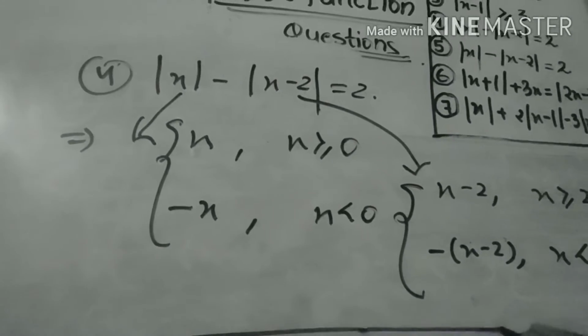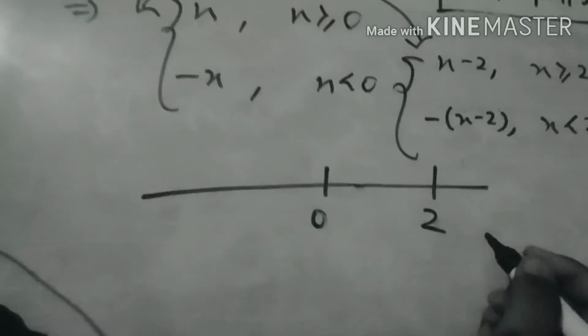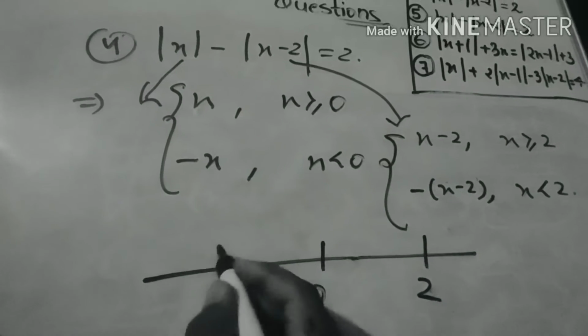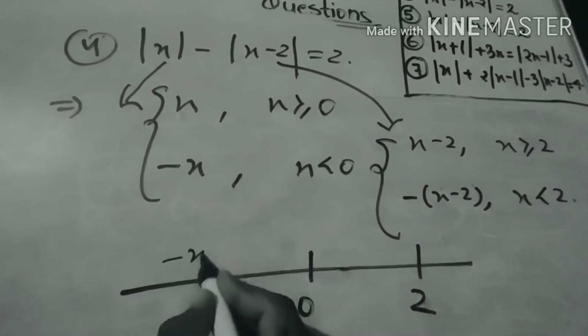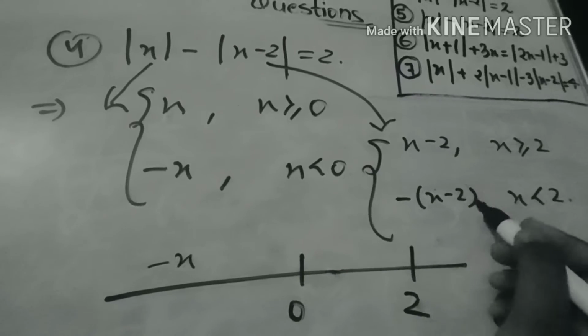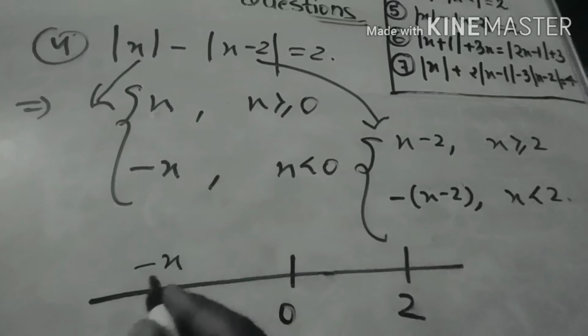Similarly, when we plot this on a number line, we'll see we have 0 here and 2 here. The value of x if it is less than 0 will be minus x. The value of modulus x minus 2, if it is less than 2, will be minus of x minus 2.